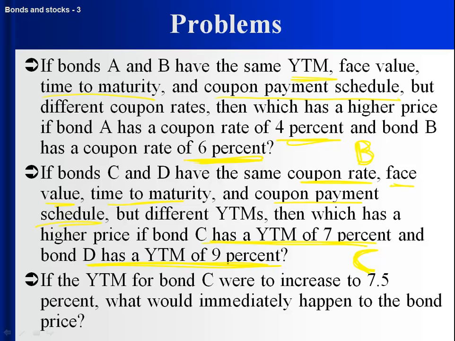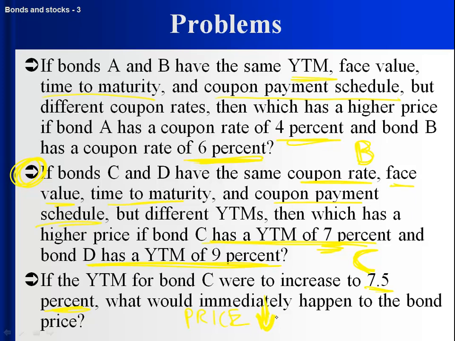So now suppose the yield to maturity for C were to increase from 7% to 7.5%. What would immediately happen to the bond price? Well, we know that the higher the yield to maturity, as we saw in this example, the less the value. And so if this were to happen, the price would be expected to decline.